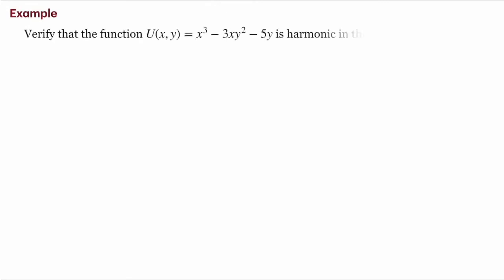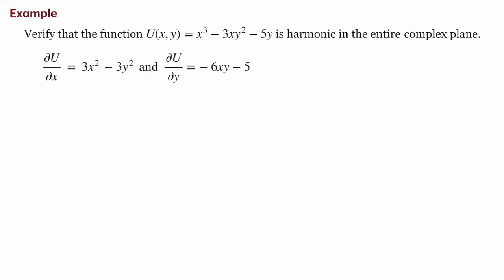Let's look at some examples. The first is to verify that the function u of x, y is equal to x cube minus 3xy square minus 5y is harmonic in the entire complex plane. So we have to show that it satisfies the Laplace equation in two dimensions. We take del u by del x, that is 3x square minus 3y square, and del u by del y is equal to minus 6xy minus 5.